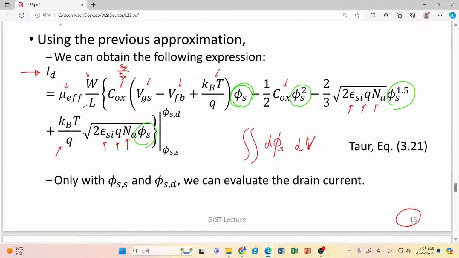But this is not just a simple equation, because here we have this vertical line with an upper bound and lower bound. What is this expression? This expression just says that for phi s, first insert phi s comma d and evaluate it. And next, please calculate phi s comma s and once again evaluate it. And please take the difference between these two components. So are you with me?